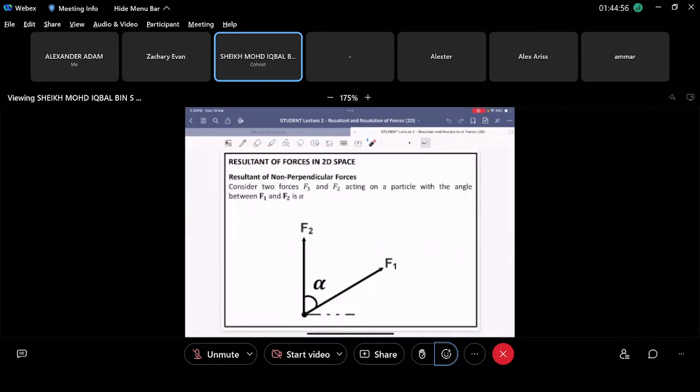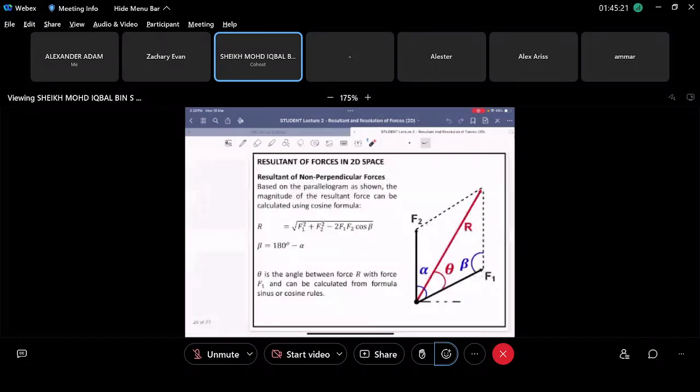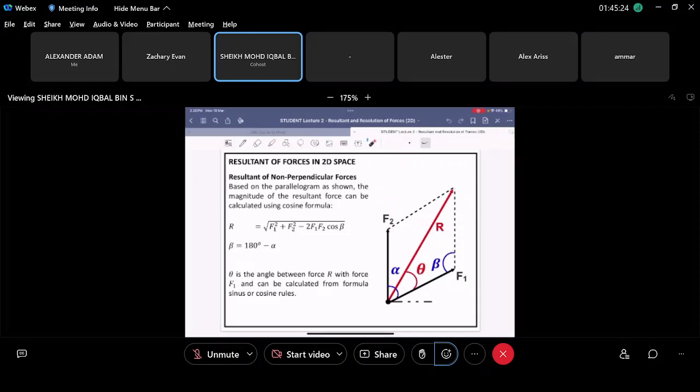All right. So, resultant of forces in 2D. Previously we calculated the resultant of forces for perpendicular forces, which is 90 degrees, right? So what happens when it is the resultant of non-perpendicular forces? It means this is not 90 degrees. If it's not 90 degrees, then we have to use the formula that I've just shown you. You can use either the cosine rule or the sine rule.